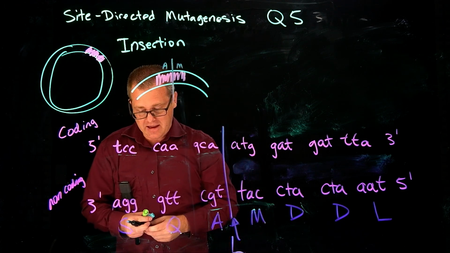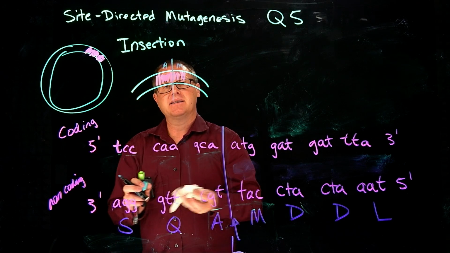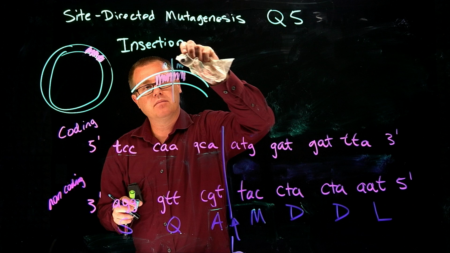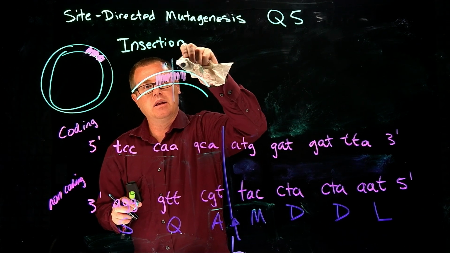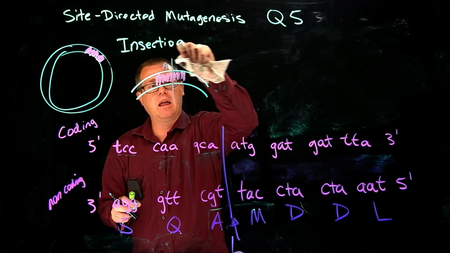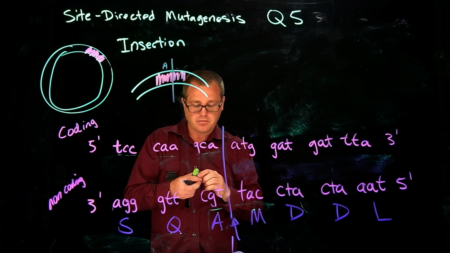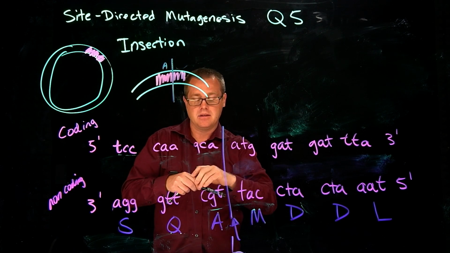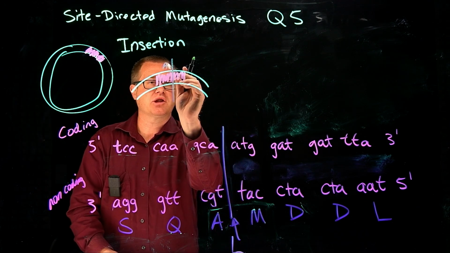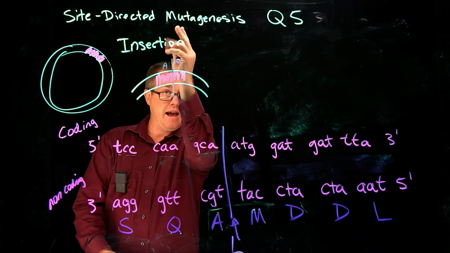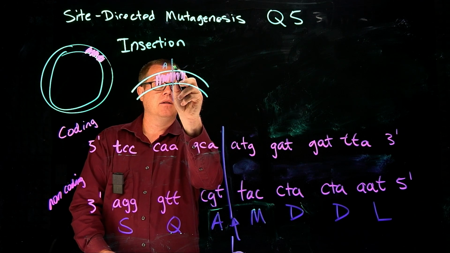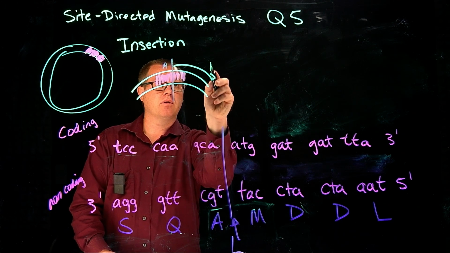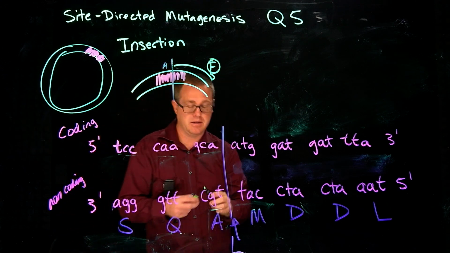What's going to have to happen is you're going to need to design a primer in such a way that your forward primer is going to start on that blue line right there. You're going to design your forward primer. Okay?